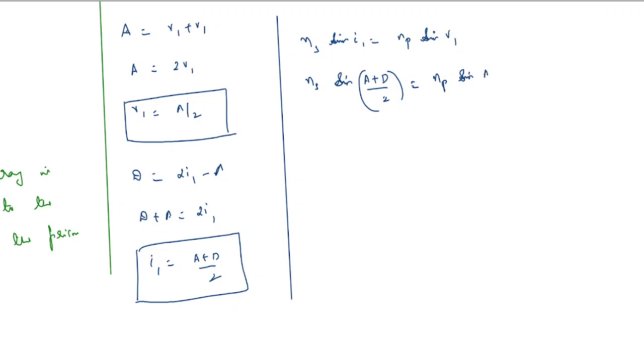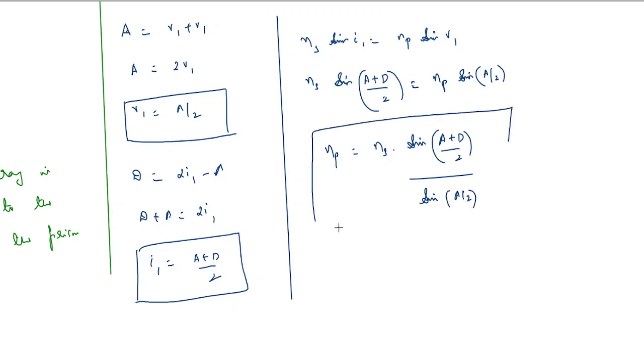Therefore, np is equal to ns into sine of (A plus D) by 2 divided by sine of A by 2. This is the required expression for the refractive index of the prism in terms of the angle of minimum deviation.